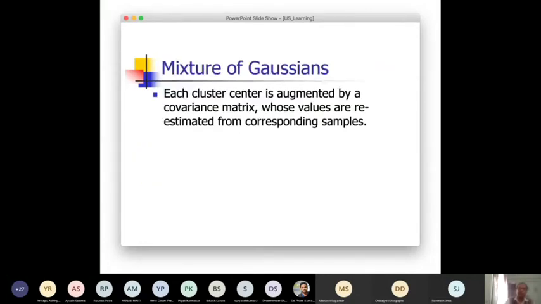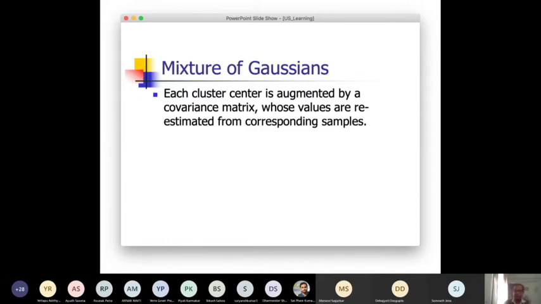So this is the problem. What is the difference from our earlier approach? There we have not assumed any kind of density function. An implicit assumption was, as I mentioned, that shapes would be hyperspherical. So some kind of Gaussian assumption is there, and the centers were actually representing these means.